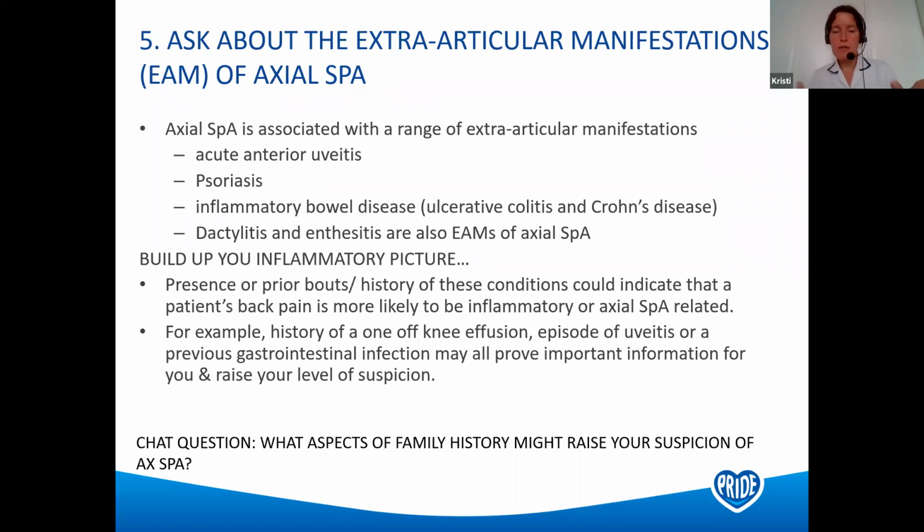Patients may also present with swollen fingers, although that might indicate other things. It might normally lead you more down the rheumatoid arthritis route, but it is one of the symptoms commonly reported in axial SpA, and your enthesitis. So they all are extra-articular manifestations. So you're building up your inflammatory picture. Presence or absence of these conditions could indicate a patient's back pain might be more inflammatory.